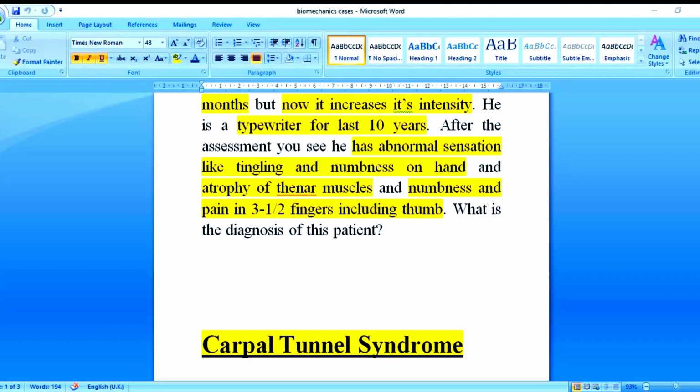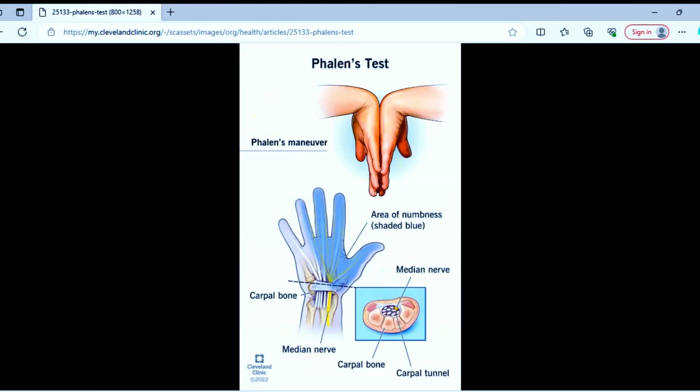Okay, to finalize or conclude this diagnosis, you first have to assess the patient, and to finalize the diagnosis we use one special test called Phalen's test. In Phalen's test, both the posterior sides of the hands are placed against each other in this position, a slight flexion position.